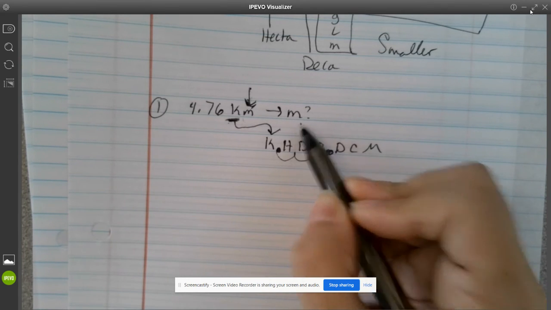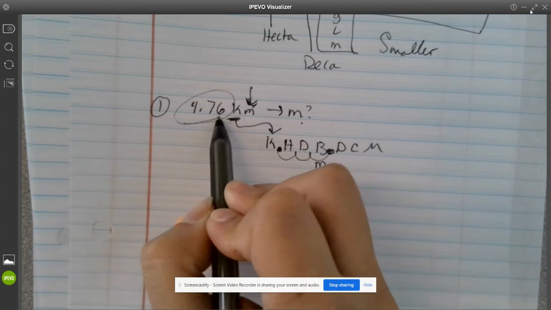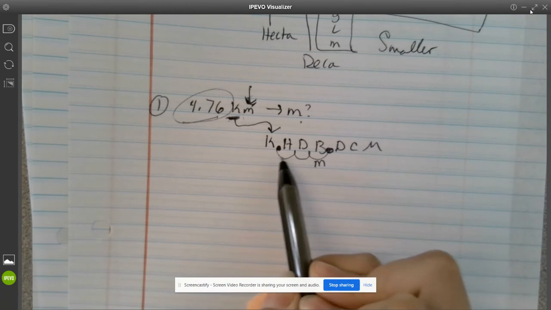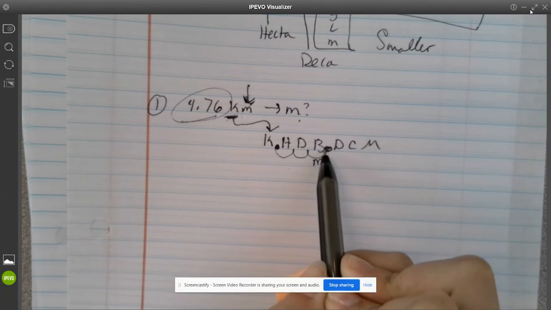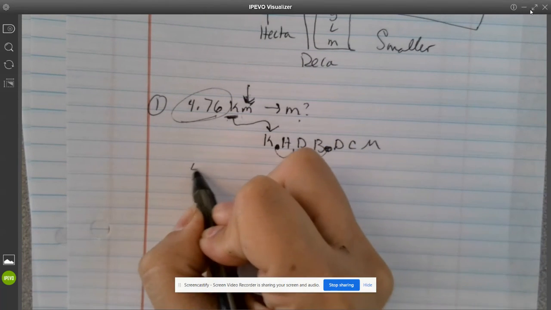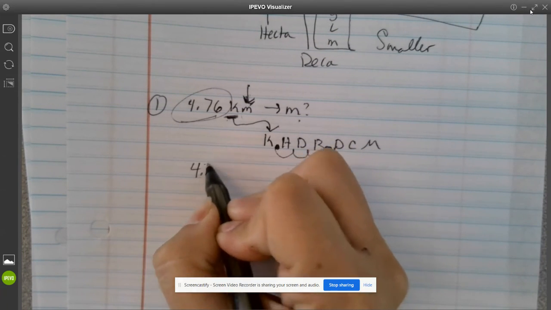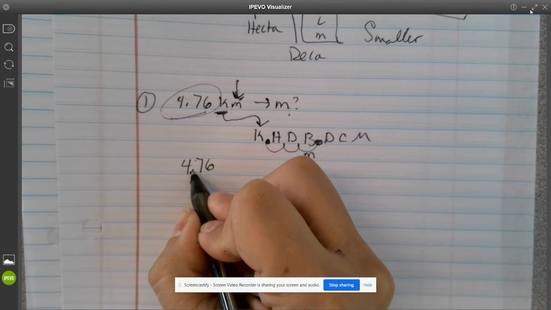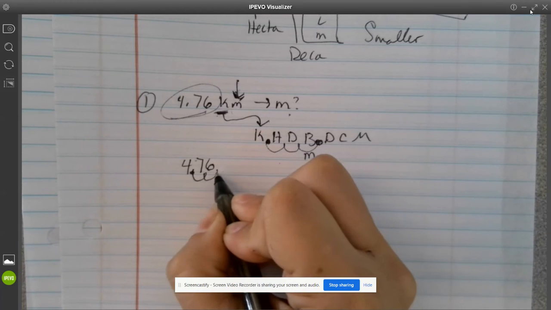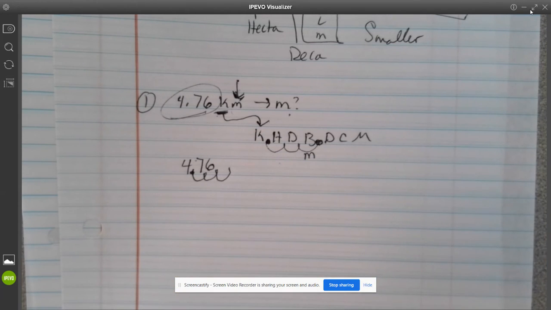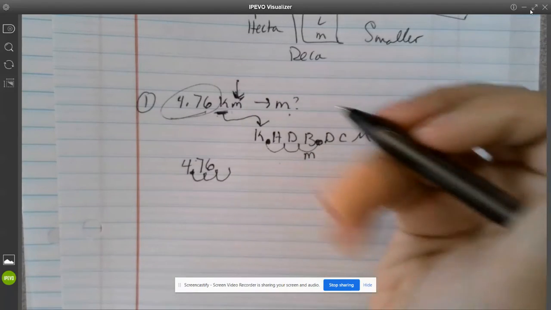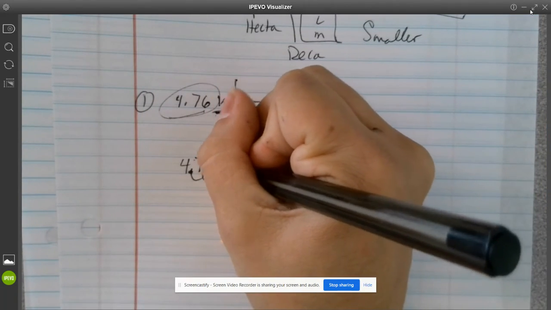So what does this mean when we're looking at the number? Well, we moved the decimal 3 times to the right, so that's what we're going to do here. Move the decimal 1, 2, 3 times to the right. Your missing area here will always be filled with a 0.